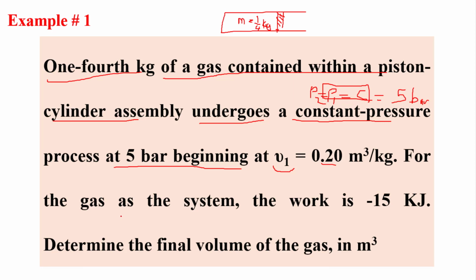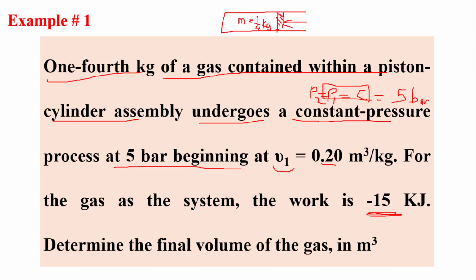For the gas as the system, the work is minus 15 kilojoule. Okay, so work minus means work done on the system. So if the work is done on the system, it means we have compression, I expect that V2 is lower than V1.